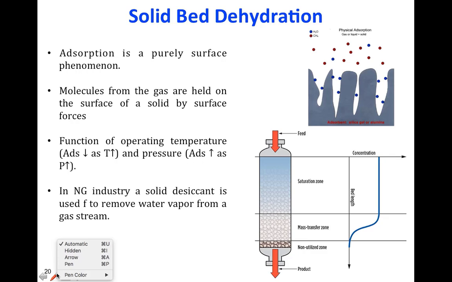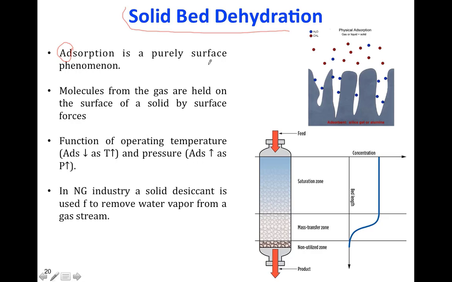Okay, so far I talked about the absorption process where we use glycol to remove water. For dehydration, we can also have solid bed dehydration. Instead of absorption, now we will have adsorption.